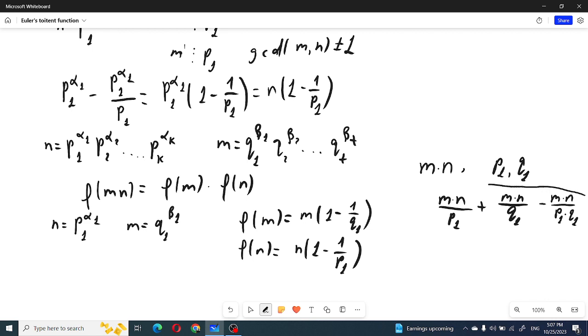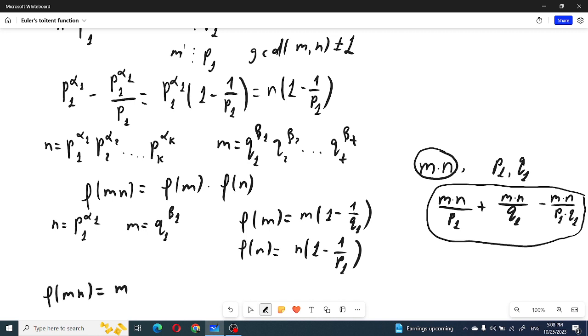So this must be the total number of integers which are not coprime with m times n. So the total number of integers which are coprime to mn must be given by the formula: f of mn equals m times n minus m times n over p1, minus m times n over q1, plus m times n over p1 times q1.